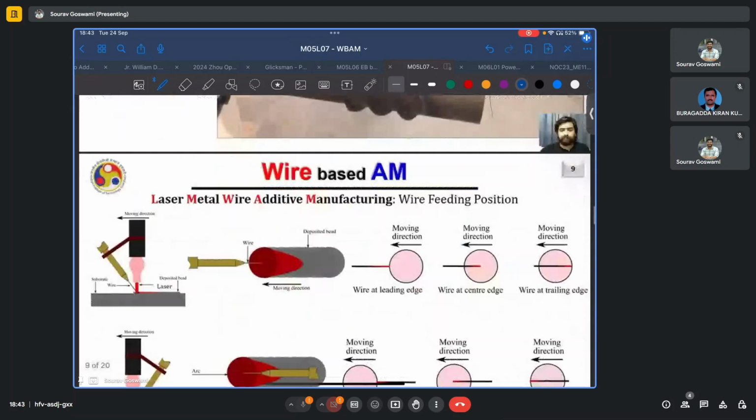With a rotating tool, rotating feeder, we get rid of the problem of, say, anisotropy.